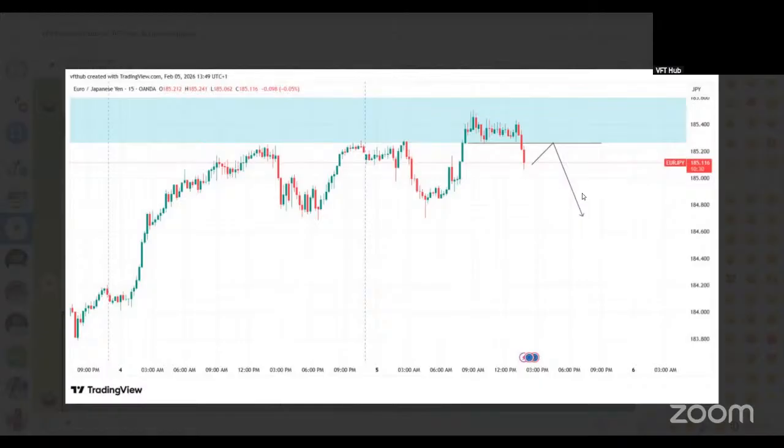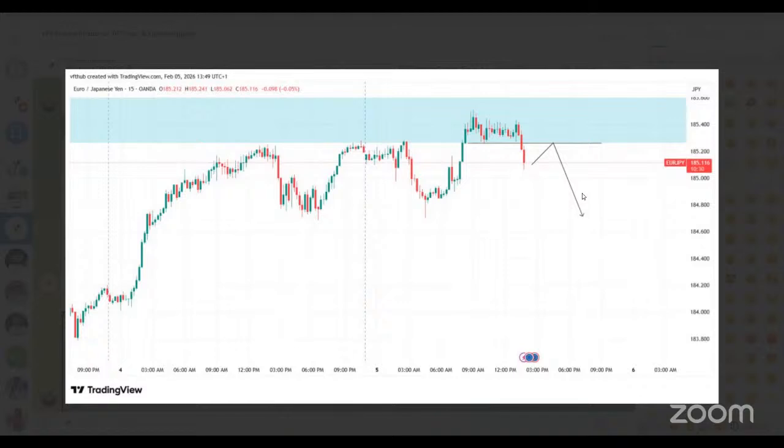Just give me a moment. I'll fix this lot size issue right now. So this is supposed to be 0.2. Supposed to use 0.2 lot size. So I'll fix that right away.